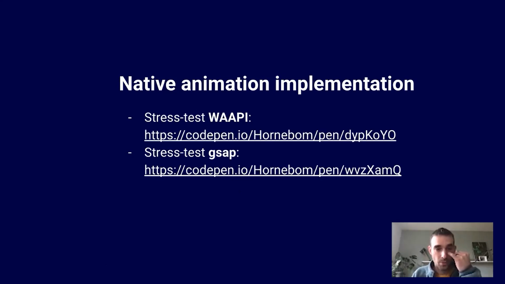Another big thing about the Web Animations API is that you have to see it as the implementation that is in the browser to go from one state to the other. For example, if you have a keyframe, if you say, I want to move an element on the x-axis, it's natively baked into the browser itself.